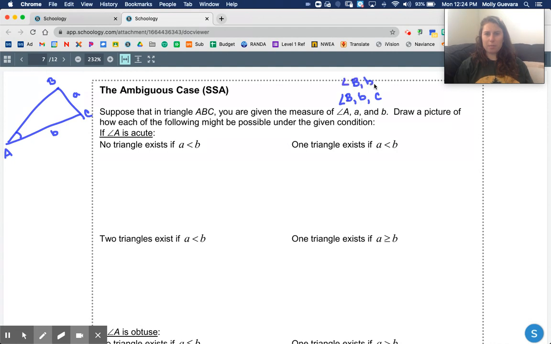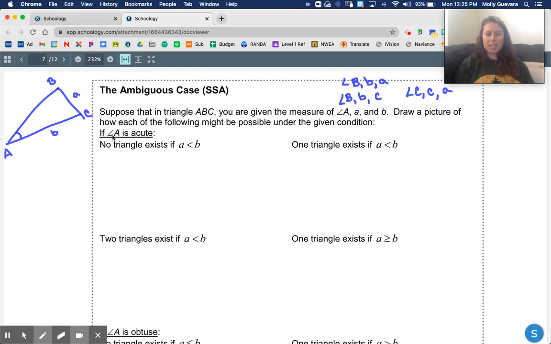There's all sorts of combinations. Okay, so if you're given that, there's multiple options here.